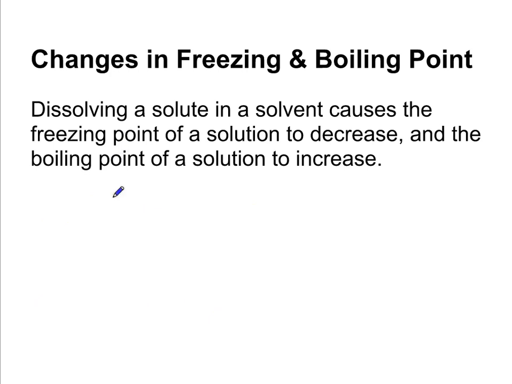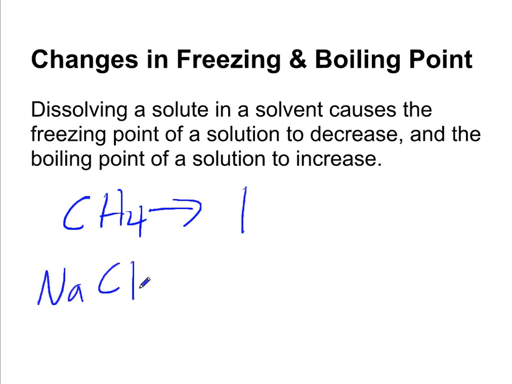So for all molecular or organic substances like CH4, it's not going to dissociate into ions when it's dissolved in water. So it would have a van 't Hoff factor of 1. If we look at sodium chloride, when sodium chloride dissolves in water, it breaks up into two ions, a sodium ion and a chloride ion.